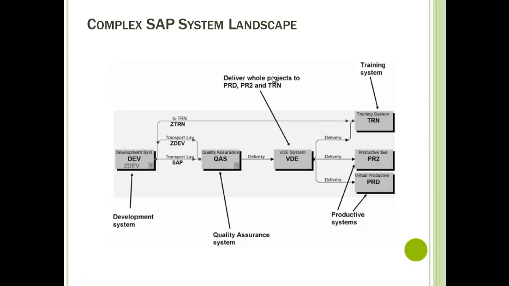For a complex landscape, let's assume here we have two different productive systems. However, the development system is only one. We have a QA system. From the development system the consolidation route goes to the QA system, and we will also import the changes to the training system, which is a separate system. So this is a complex system landscape.